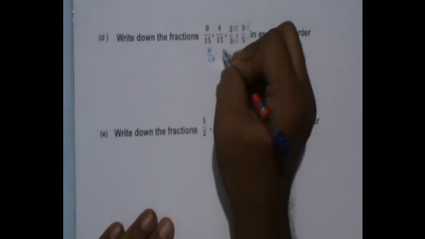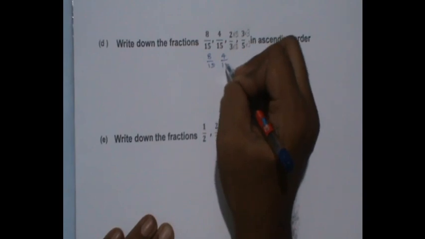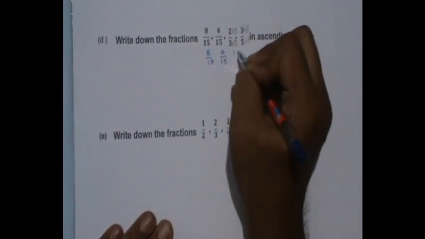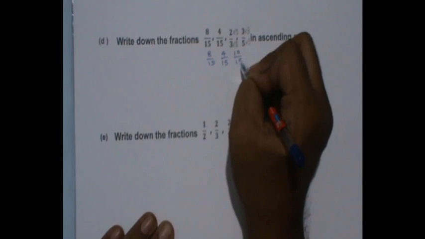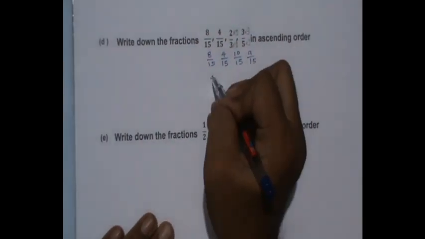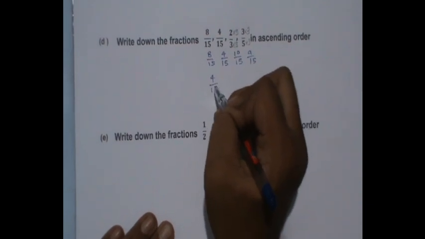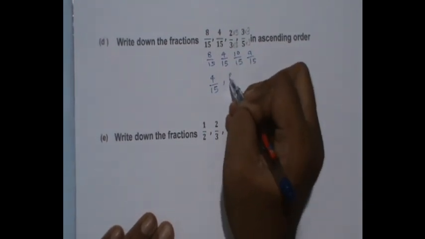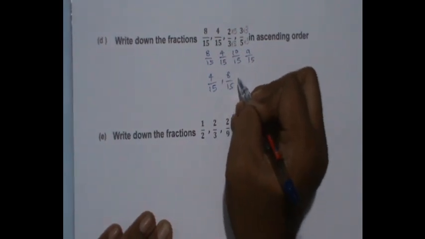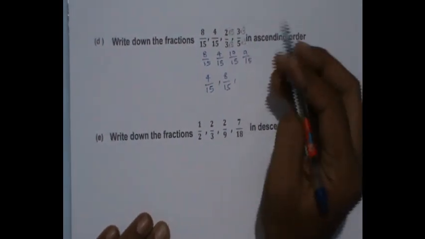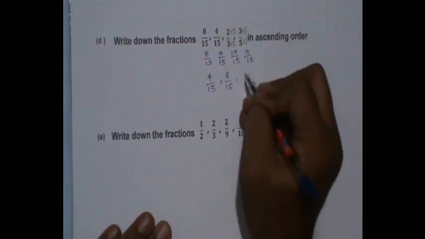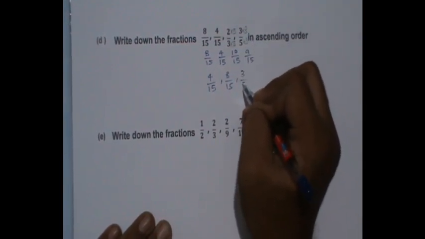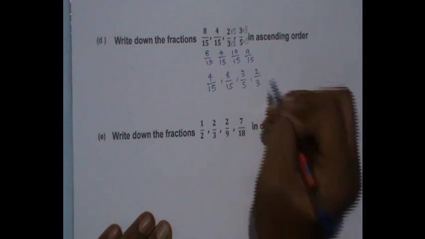Now we can write here 8/15, 4/15, and 10/15, and 9/15. So we can start from 4/15, and then we can write 8/15, and this one we can write the given fractions. First we have to write 3/5, and then we can write 2/3.